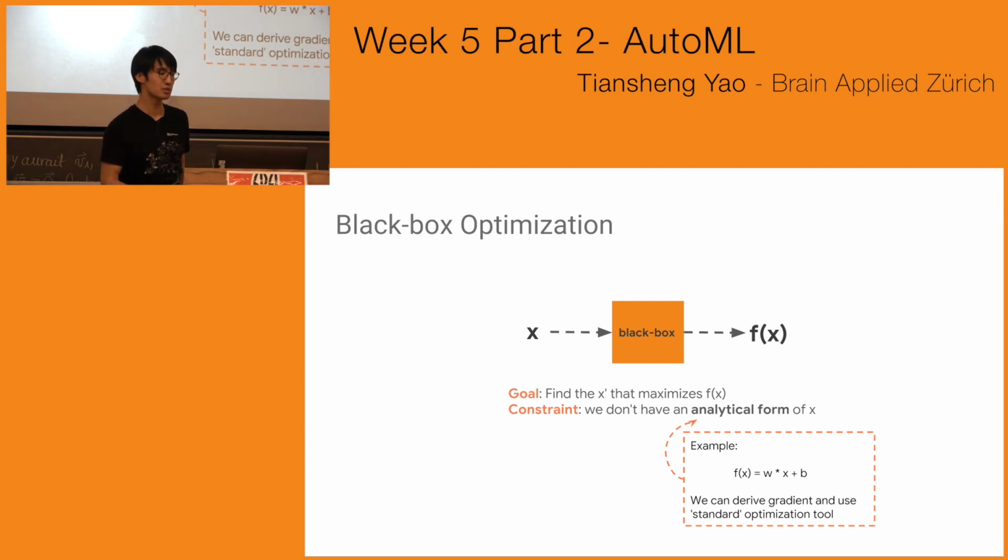All you can do is give the input x and get the value evaluated. For example, something with a half analytical form is a linear model. You can derive gradients and use the standard optimizing tools. But obviously, for the question of model architecture and hyperparameters, we don't have this benefit.